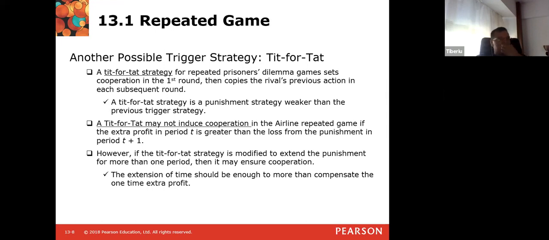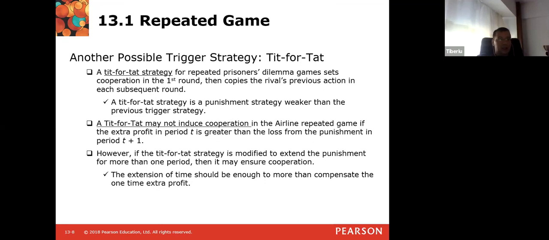Another possible strategy for the repeated prisoner's dilemma game is tit for tat, which sets cooperation in the first round and copies the rival's previous action in each subsequent round. A tit for tat strategy is a punishment strategy weaker than the previous trigger strategy.